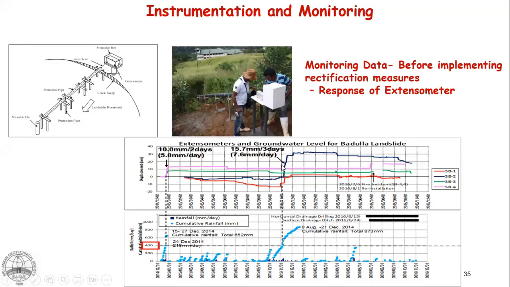SB1 and SB2, which I showed you in the previous slide, right? With this rainfall event, significant movements have taken place. There were no sort of recorded information in the other 2 extensometers, which are at the top of the landslide.